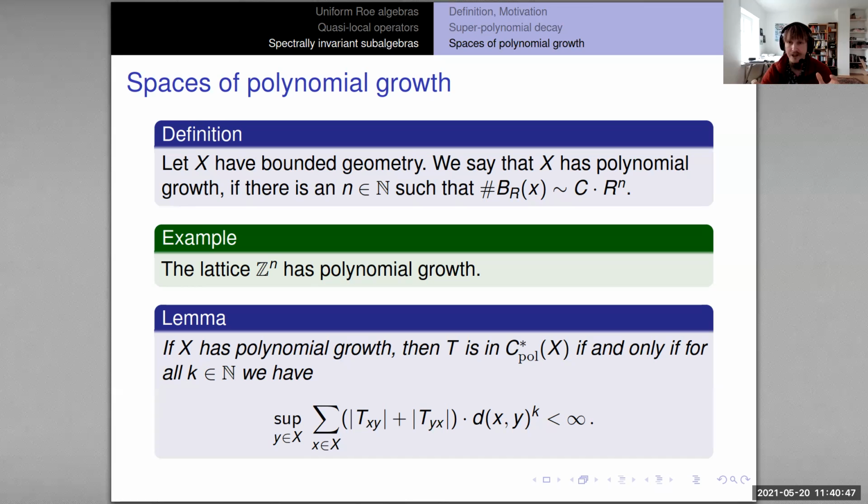And then I said, well, maybe you actually wanted something else, namely some sort of characterization with respect to the matrix entries. You want to look at the matrix entries of your operator, see how they decay, and then you want to know if you are in the uniform Roe algebra or not. And I told you that I can't give you the answer to this because as far as I know, this is not really known, at least not in an if and only if characterization. But if you have polynomial growth, then you get an if and only if characterization for this spectrally invariant subalgebra.